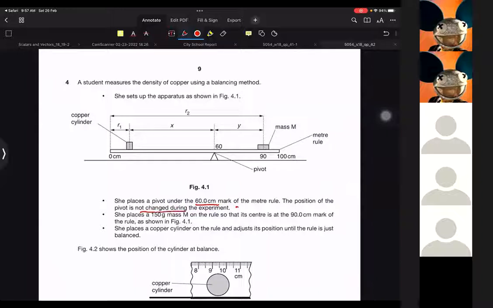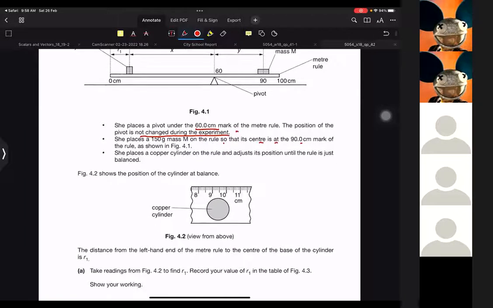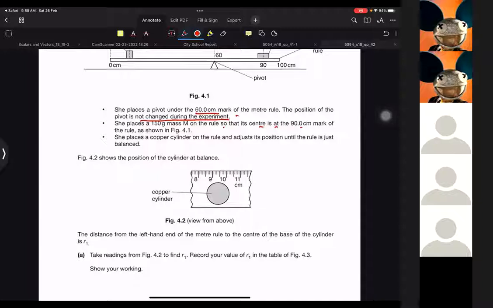So that is something important to read. She places a 150 gram mass M. And the center mark is 90. Fine. She places a copper cylinder on the rule and adjusts its position until the rule is just balanced. Very good. And now it says the distance of the left end of the right end, and so on. Take your readings on figure 4.2 and record the values.